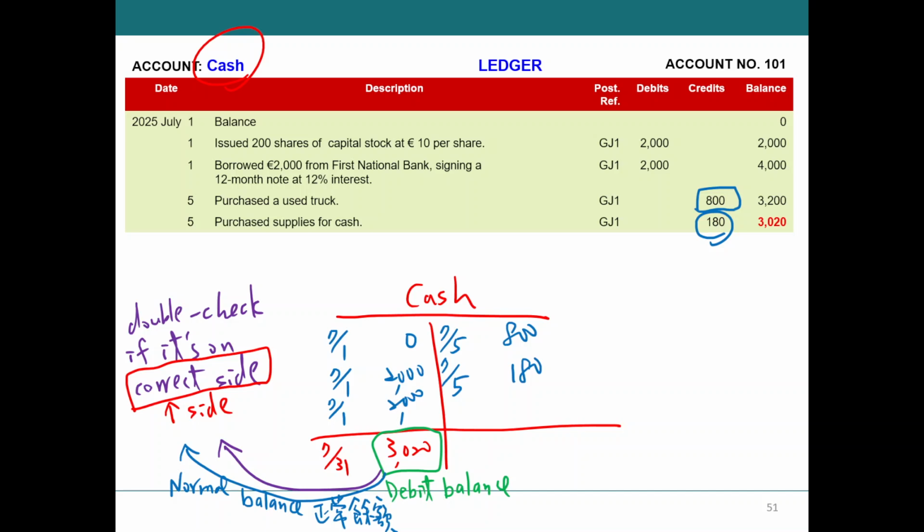So that's why we have to be very, very careful. So after you finish accounting 2 books, after you record all the transactions, we have to double check whether you did the right thing or not, right?